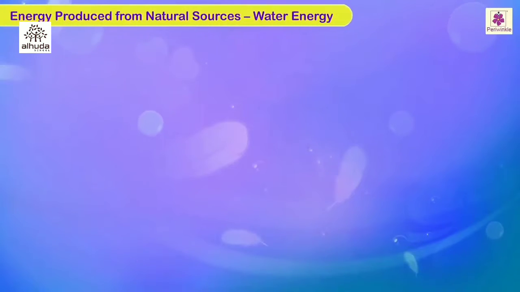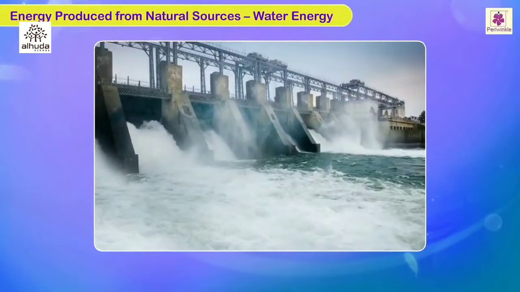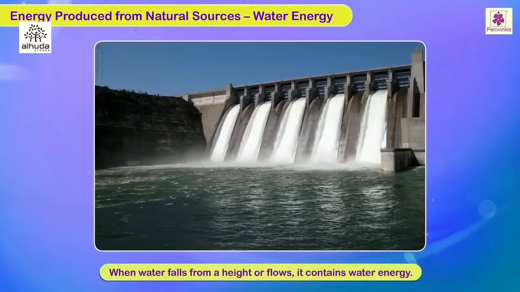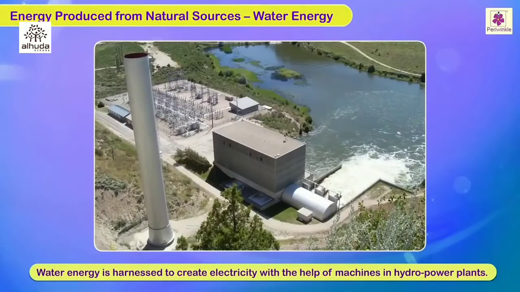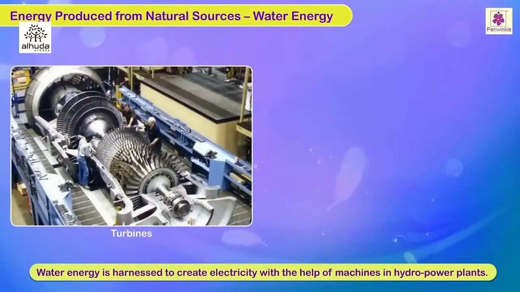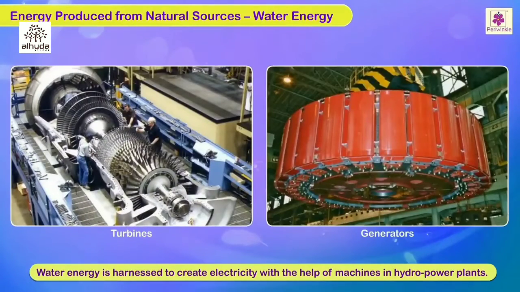Water energy. When water falls from a height or flows, it contains water energy. This energy is harnessed to create electricity with the help of machines like turbines and generators in hydropower plants.